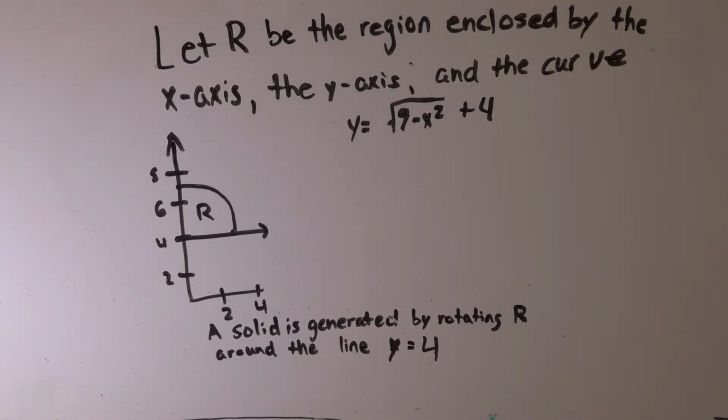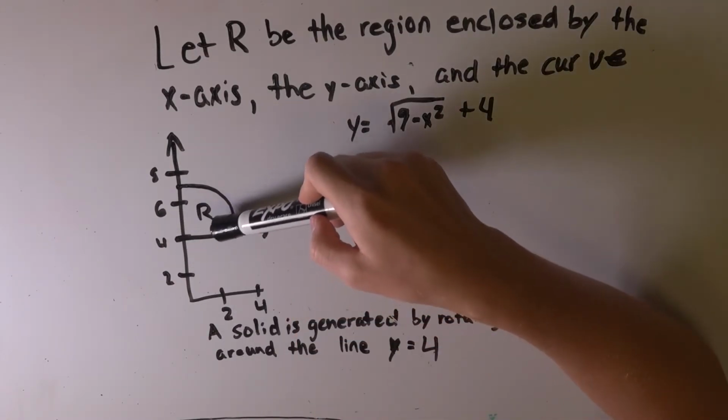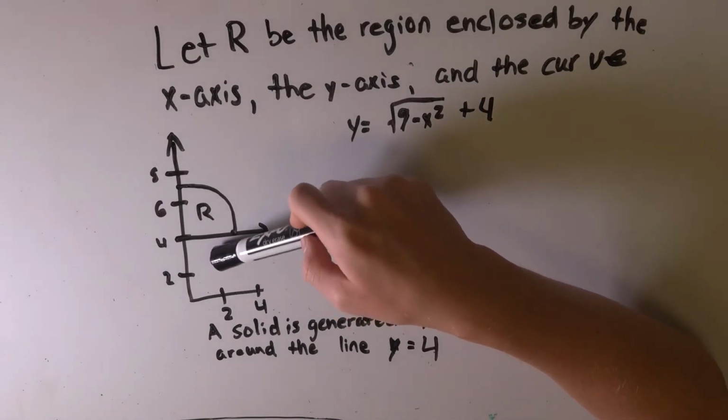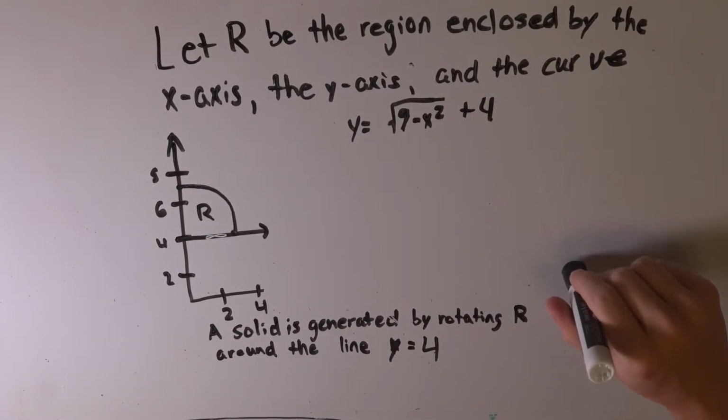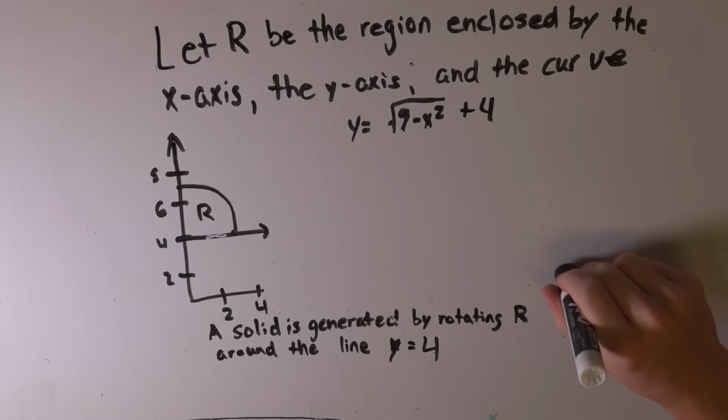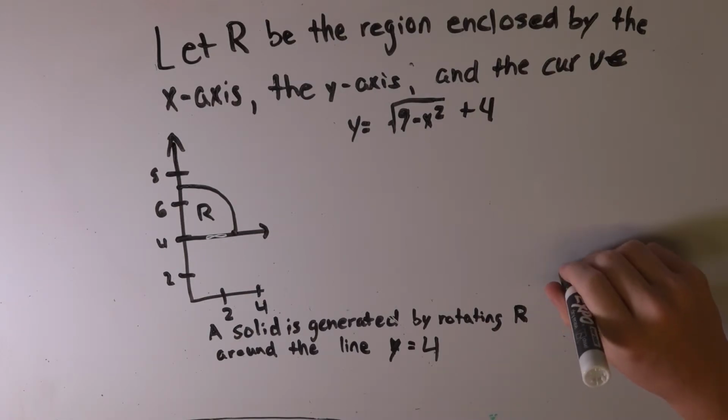Alright, so in order to do this problem, you're going to need to take the area of R, rotate around this line right here, y equals 4. And now this is important because, you know, it's different from the x-axis.